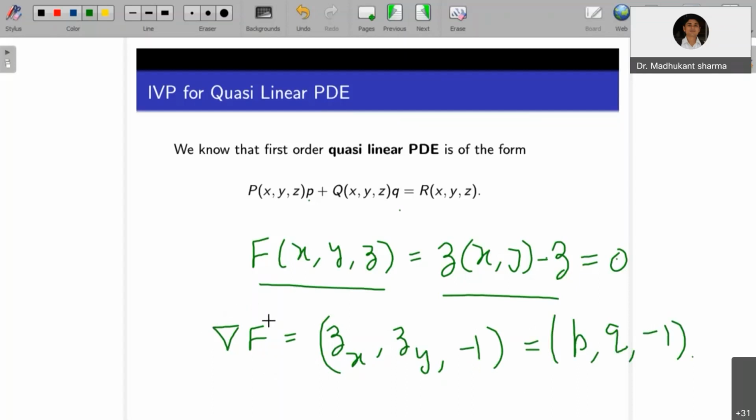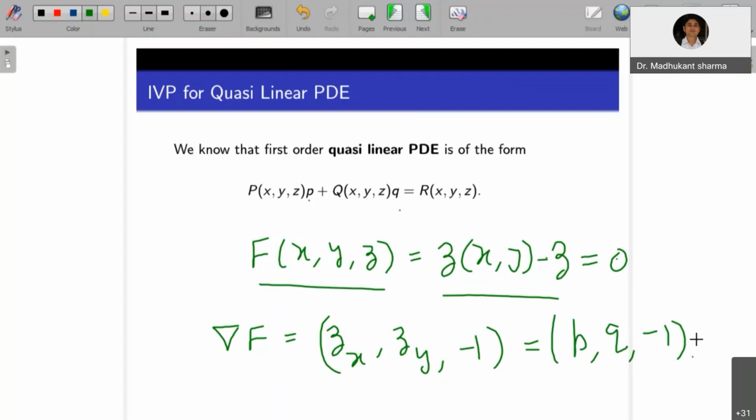So that gradient vector will give you the normal to that integral surface, if everything is nice and you can differentiate partially with respect to x and so on. Now how it will help you to analyze further properties of the integral surfaces is as follows.